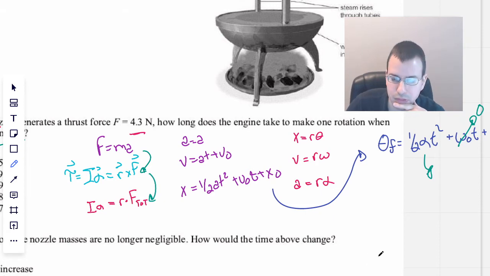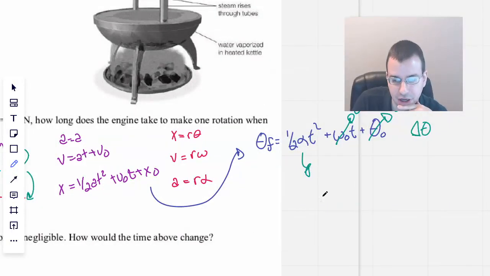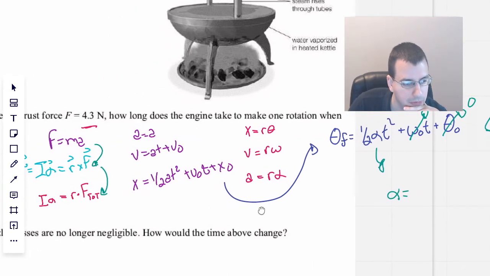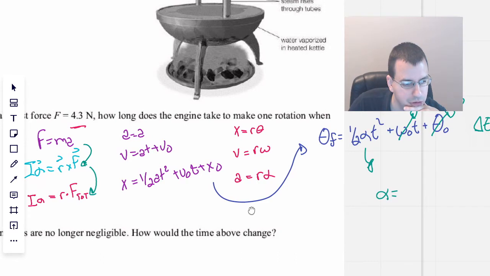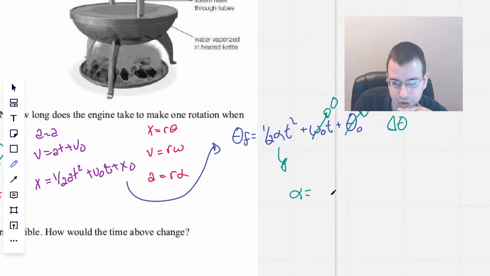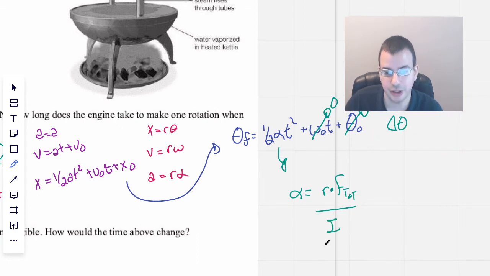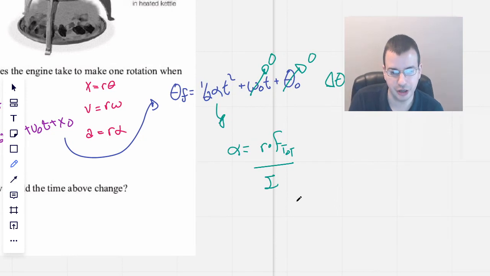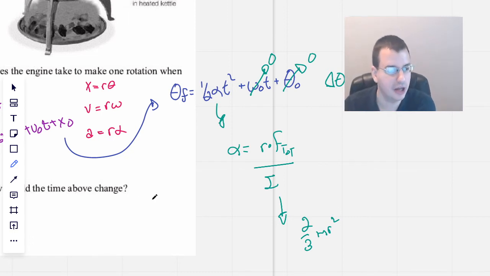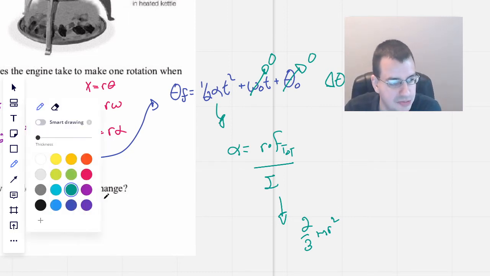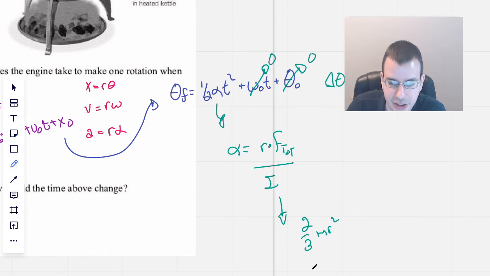So I'm going to rewrite that in terms of alpha equals radius times force total over moment of inertia. So the moment of inertia for a hollow cylinder is 2/3 mr squared. You'll just probably be given this. I would be surprised if you're expected to memorize it.